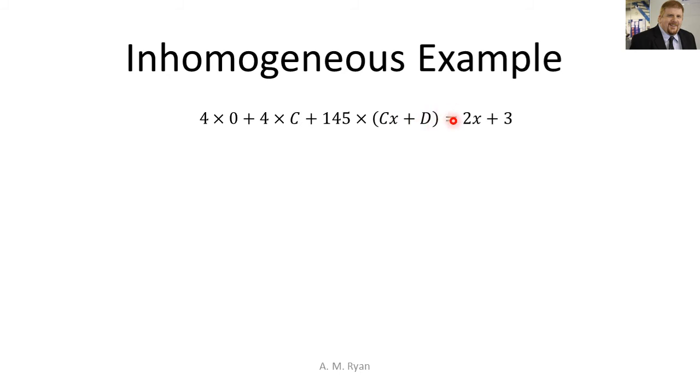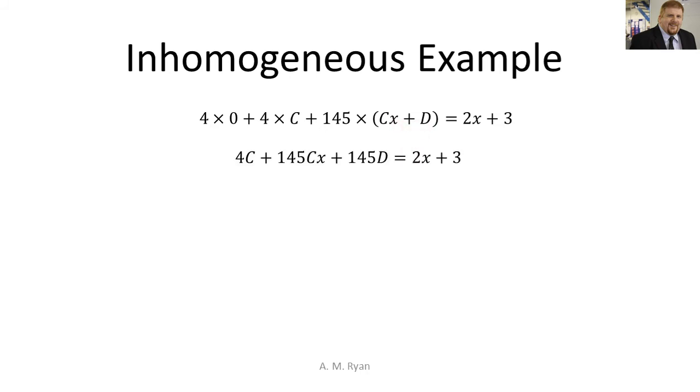And that is equal to what it was equal to originally. So we're keeping everything equal, we're just substituting in what our guess says these values are going to be. Now, working this out, obviously that will disappear. We're left with 4c plus 145 cx plus d.